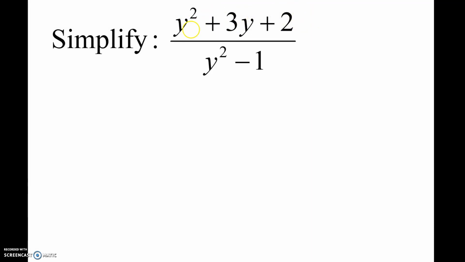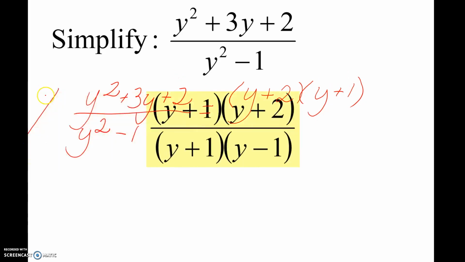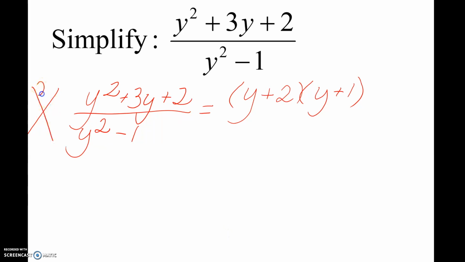So write the top, y squared plus 3y plus 2, into factors, and write the bottom, y squared minus 1, into factors. I would get y plus 2 and y plus 1 on the top when I factor that, because it multiplies to be 2 and adds to be 3, which is 2 and 1.